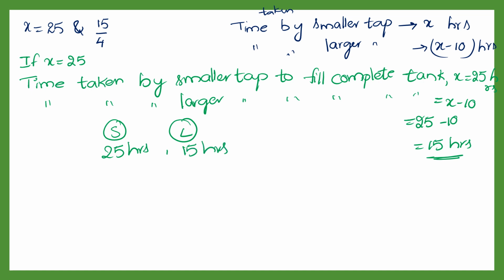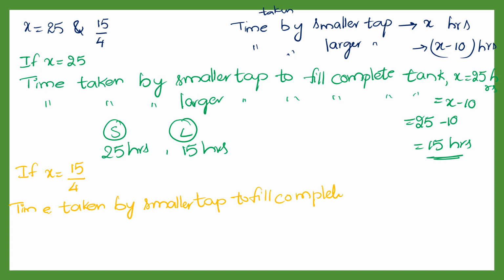Now if x is equal to 15 by 4, so time taken by the smaller tap to fill the complete tank, this is x hours. So you get 15 by 4 hours.